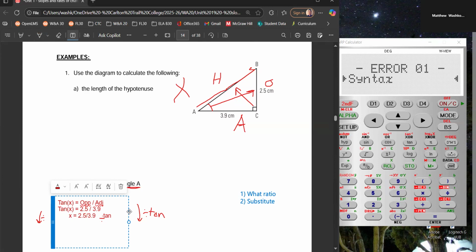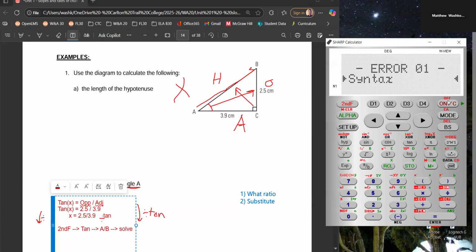So this doesn't work as we've discovered. So instead, what I need to do is use second function. I press tangent, I press my fraction button, and then I solve it. So look at what my calculator does here.